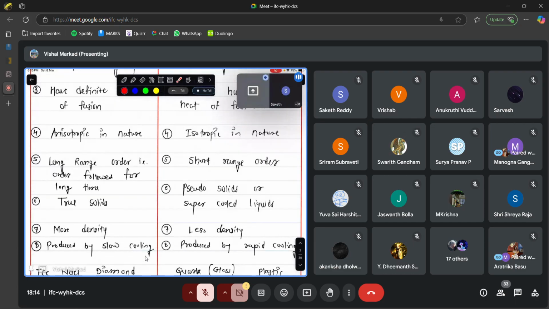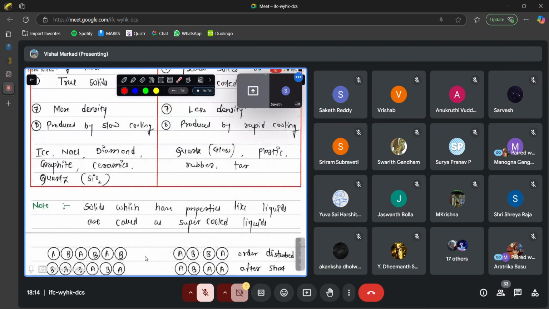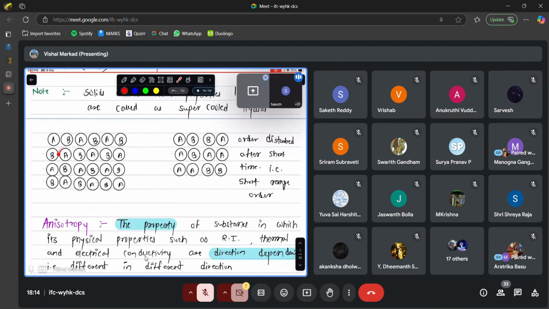Fourth one done. Now the fifth one, what I have written: long range order, that is, order followed for a long time. Simple thing. You see here, the first one is the example of crystalline, the second one is the example of amorphous. You see the same order is followed for the longer time. A B A B A B, again further it will be A B A B, A B A. So the same order is followed for a long time.